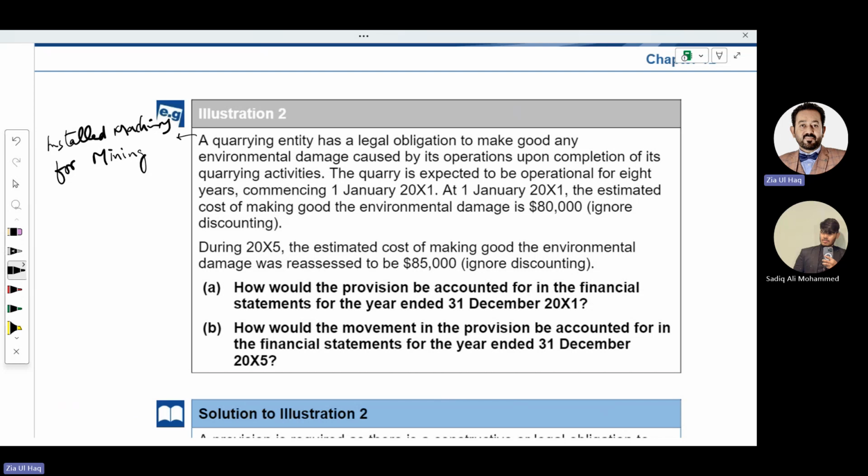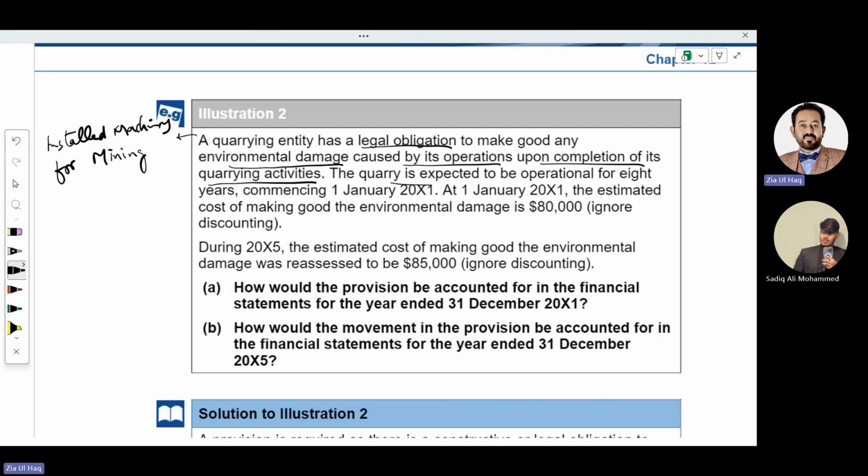Obviously, if you are mining something from the earth and you have installed machinery, through your operation there will be chances of pollution. So a curing entity has a legal obligation to make good any environmental damage caused by its operation upon completion of its curing activities. You need to repair the environmental damages from your operation. If you don't repair, there will be an obligation.